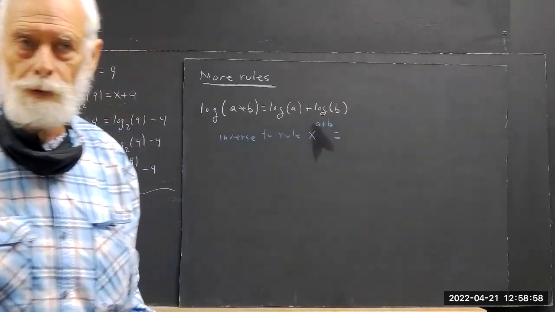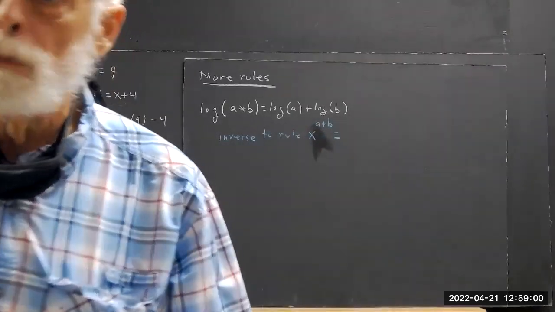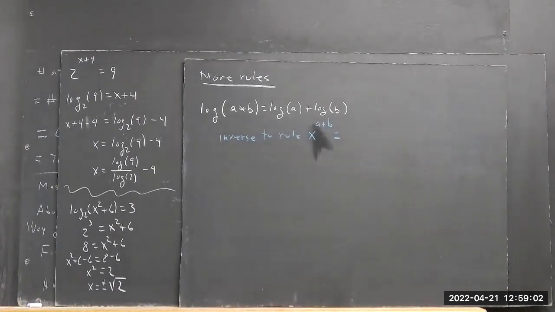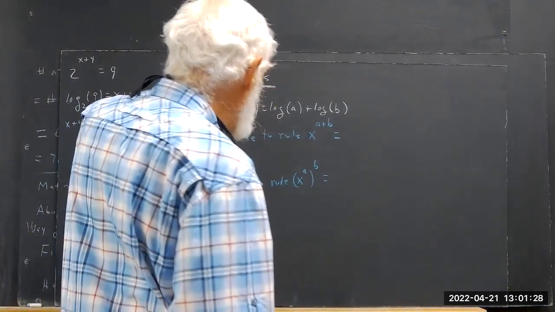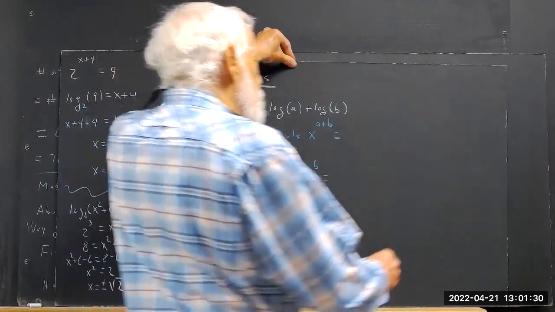What does the rule of exponents tell us x to the a plus b is equal to? Can you write that down on your paper? Just to see how familiar you are with the rules of exponents, because it's extremely important to be familiar with them. Okay, now people are not doing well with the rules of exponents. Very, very important.